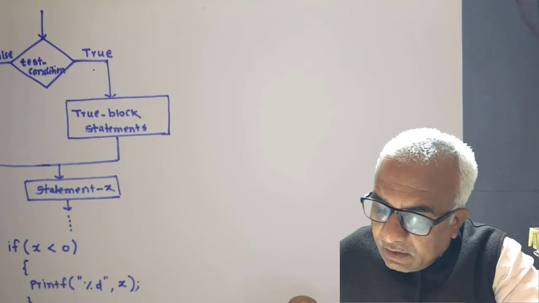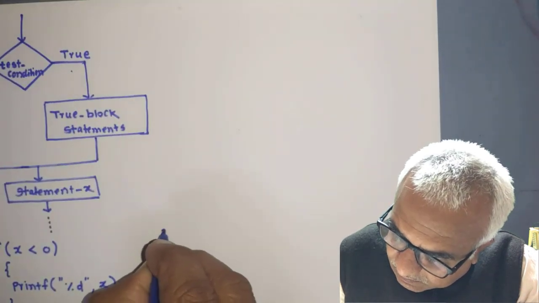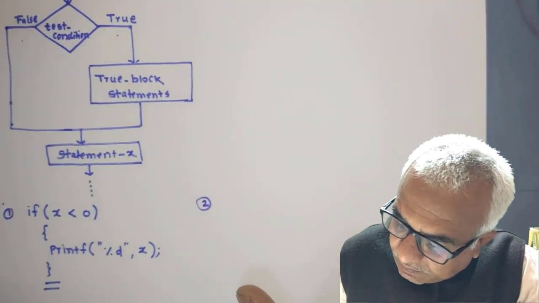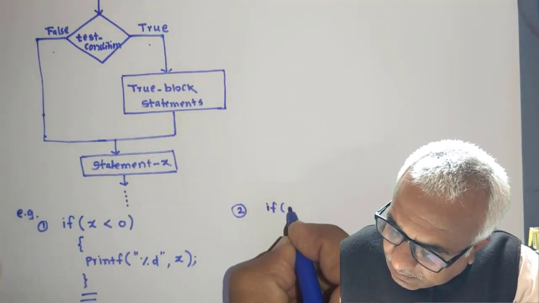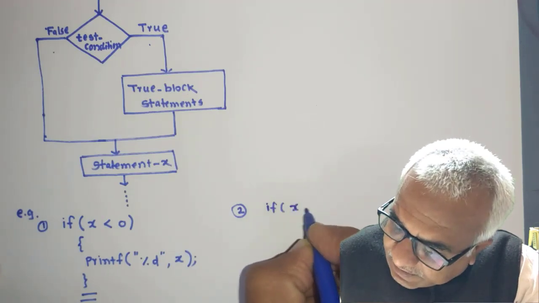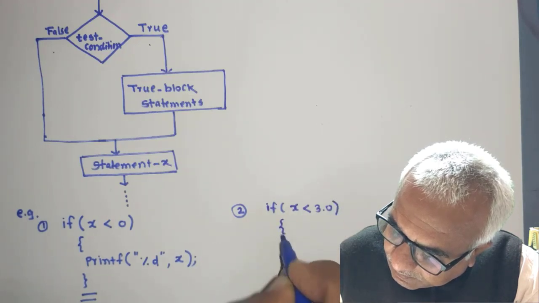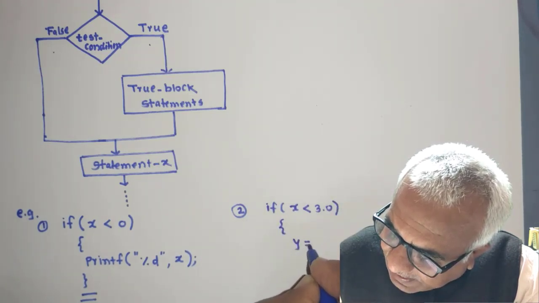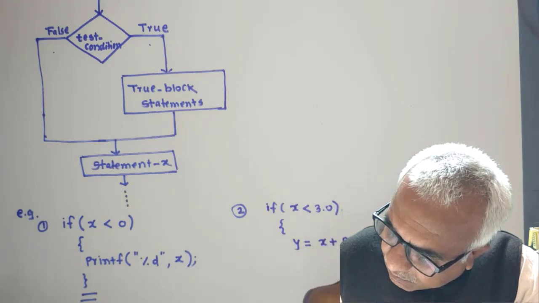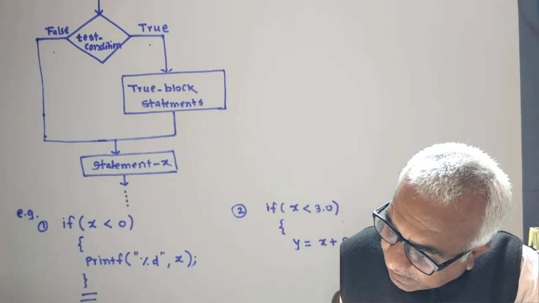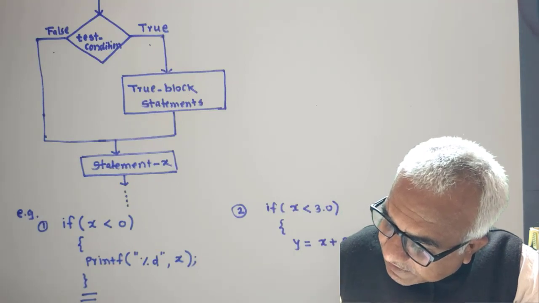In a similar way, we can take one more example. If, say, X is less than 3.0, then calculate Y as X plus X to the power 2, that is X square.